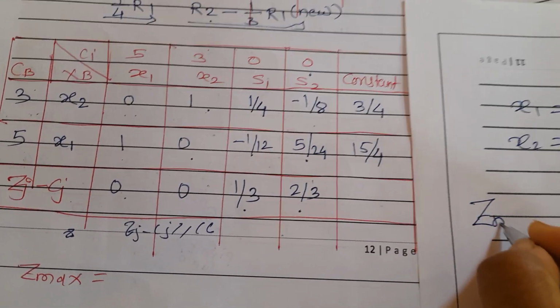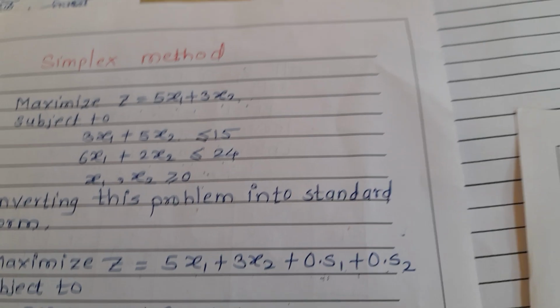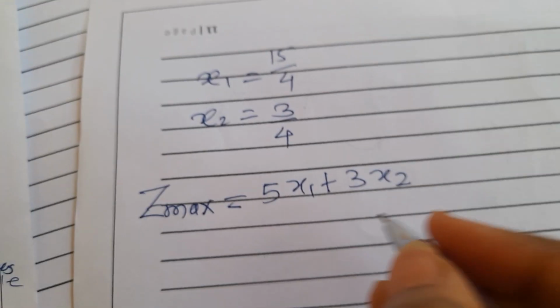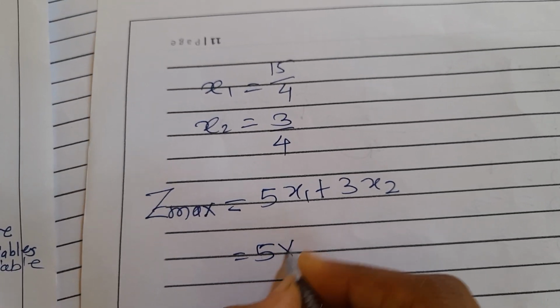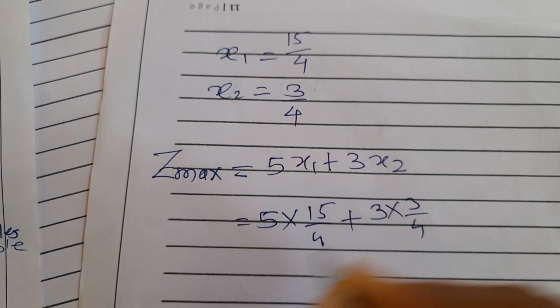Now we want to find z max. In z max we use our original problem: maximize z equals 5x1 plus 3x2. Then we put in the values: 5 into 15 by 4 plus 3 into 3 by 4.